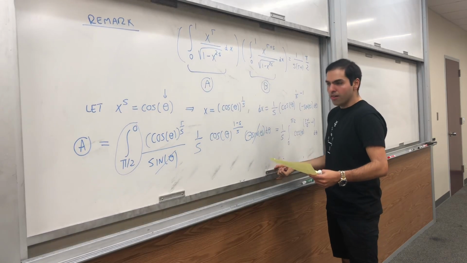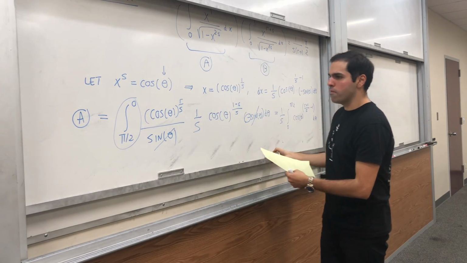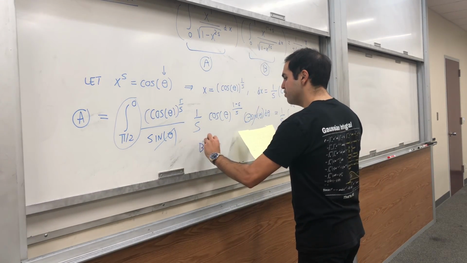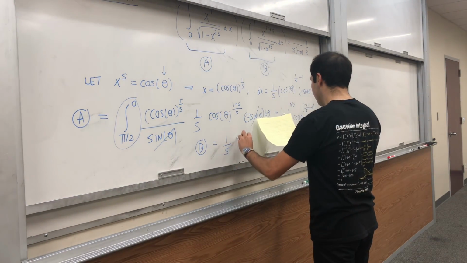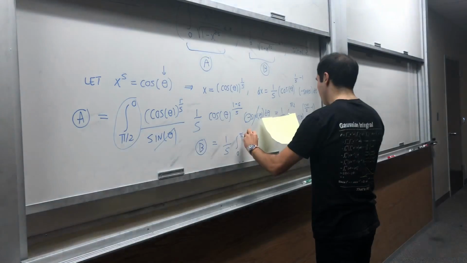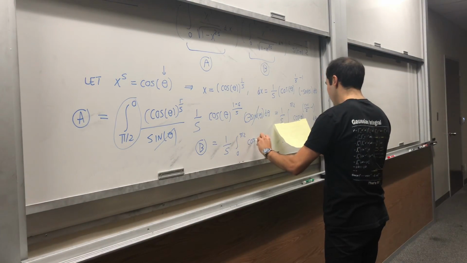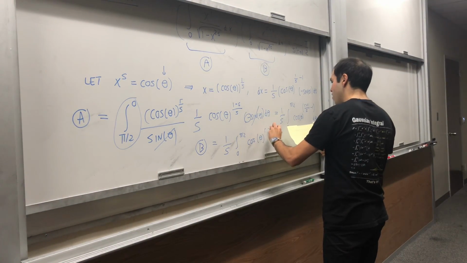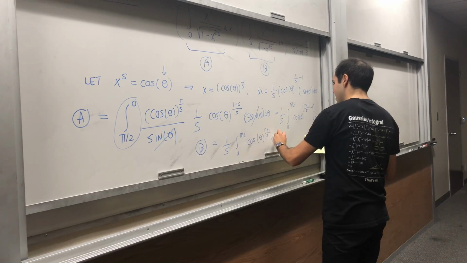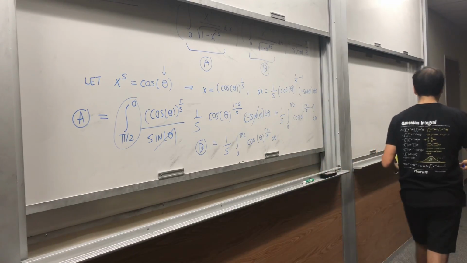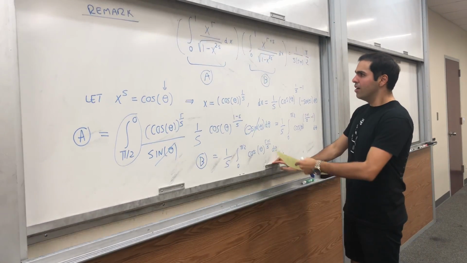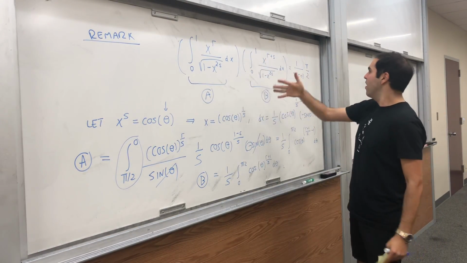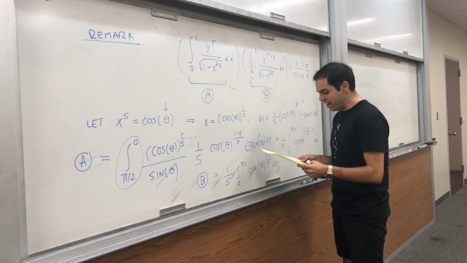And similarly, you can also do it for B. If you use the same u-sub for B, you get that B is 1 over s, integral from 0 to pi over 2, cosine of theta to the r plus 1 over s d theta. Okay, and so what does that mean? Let's plug in those two things at the same time.